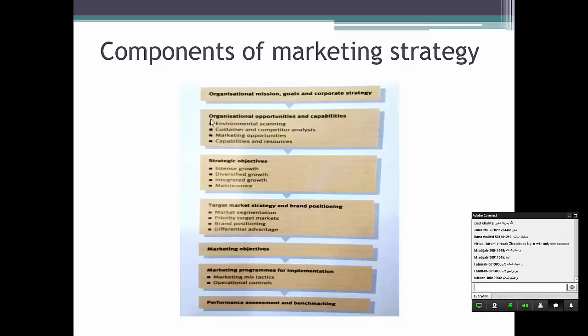Okay, what are the major components of the marketing strategy? When we think of marketing strategy, we don't know exactly what the marketing strategy means or what it includes. So here we will have the major components of the marketing strategy. First of all, you need to define mission and vision and the goals, business goals or company goals.